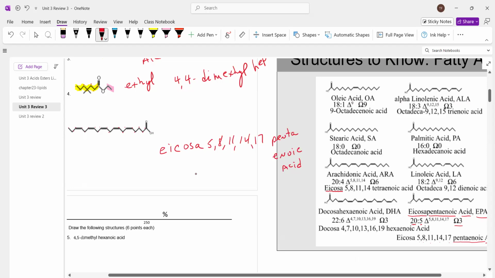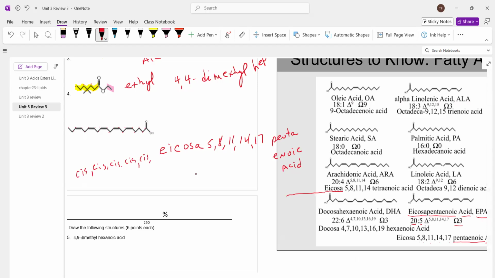And they're all cis, so we have 5 cis here. Over here, this should have had all the cis. Now, the reason why this table doesn't have the cis on it is because all the fatty acids are naturally cis. But this would be the official IUPAC name.